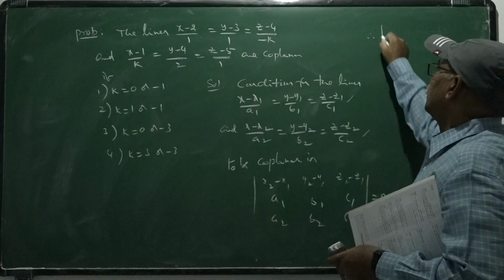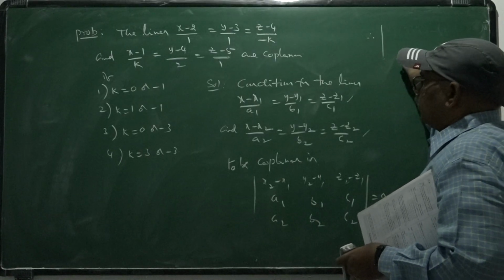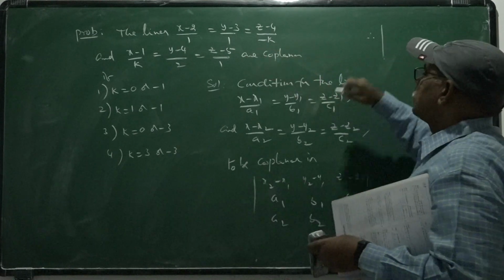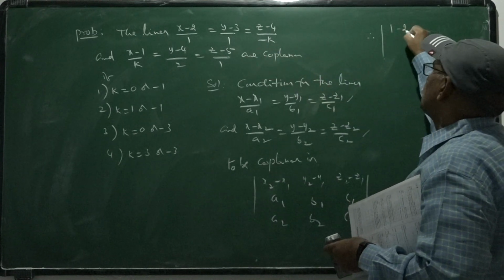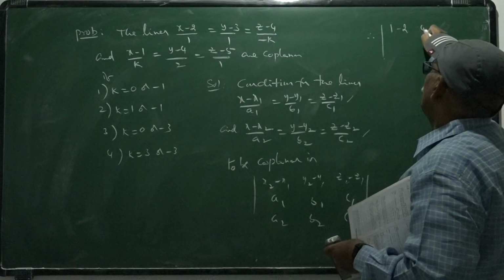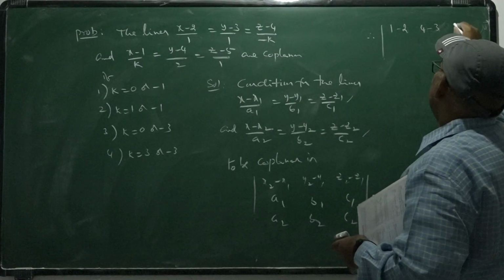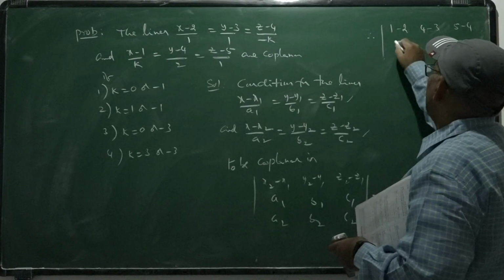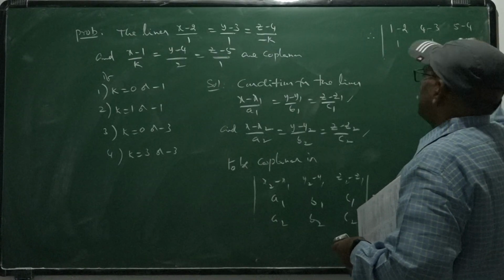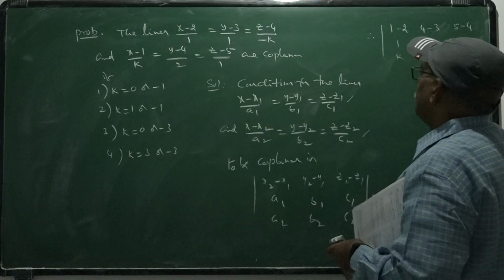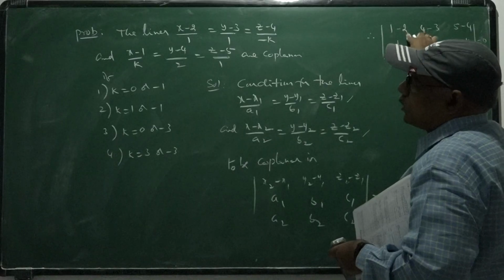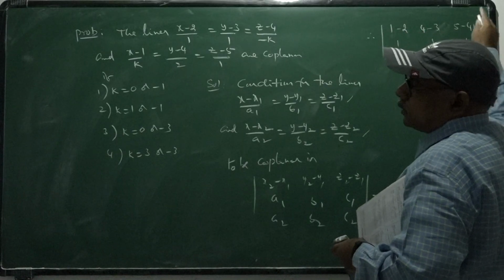So therefore here the determinant is x2 minus x1, means 1 minus 2. Similarly 4 minus 3, and 5 minus 4. And a1, b1, c1: 1, 1, minus k. a2, b2, c2: k, 2, 1, is 0.